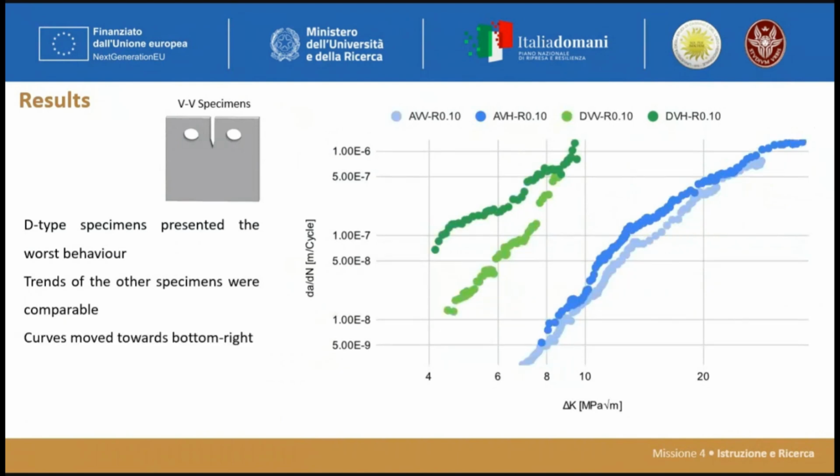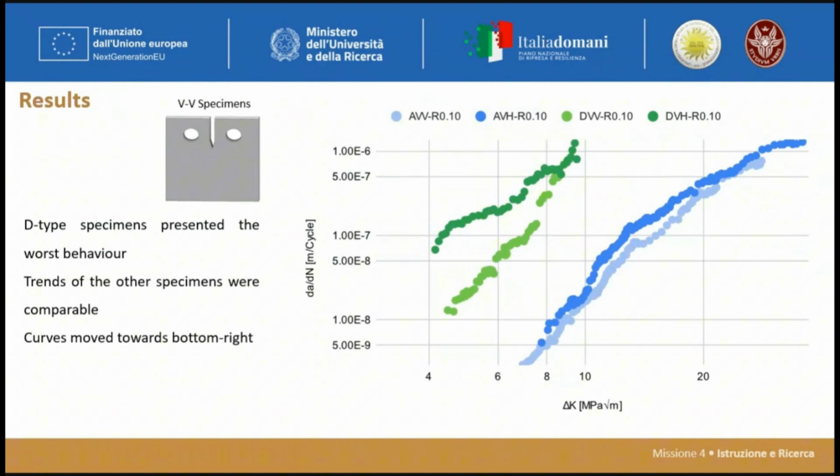I have also made a comparison between the A and the D specimens, vertical and horizontal crack, and we can observe that the curves tend to move towards the bottom and the right of the diagram, especially for the D specimen. This means that the resistance against fatigue crack growth of the vertical crack was higher.